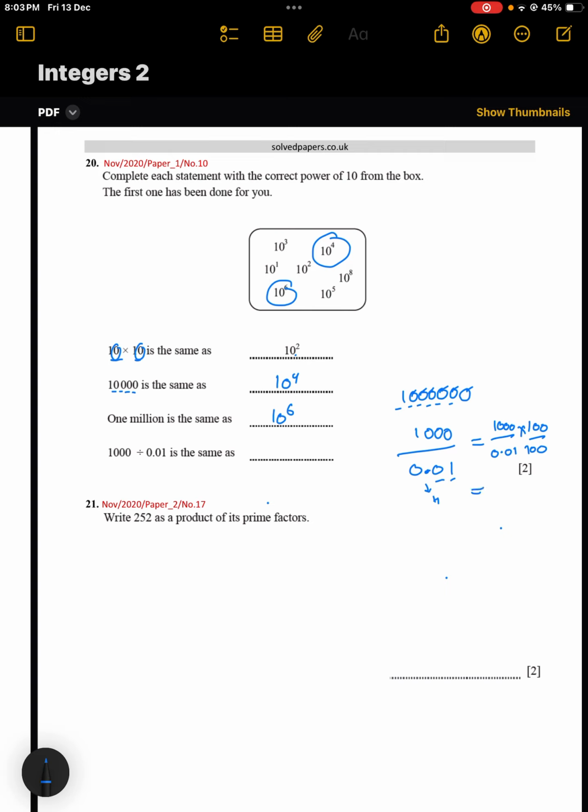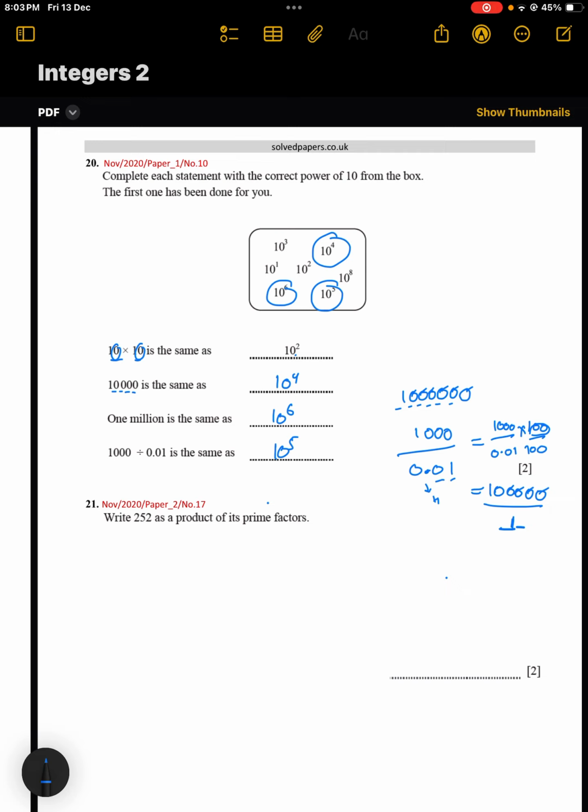So this will add 2 zeros in this answer. So it will be 1, 2, 3 0 and 2 added zeros, and down there I will have only 1, means nothing. This doesn't make any sense to write 1 or not. It's understood that we have 1 in the denominator. Now how many zeros do we have? 1, 2, 3, 4, 5. 5. So it will be this one. 10 to power 5 is the answer.